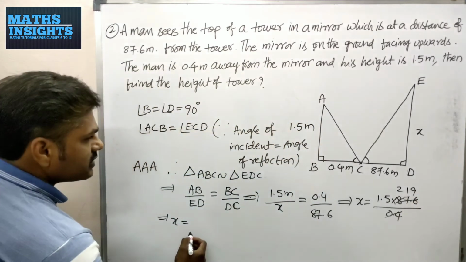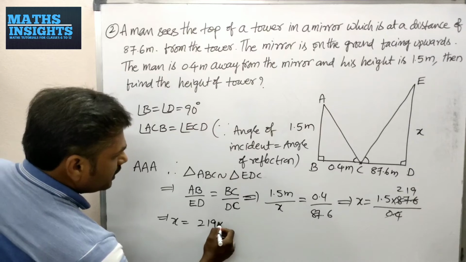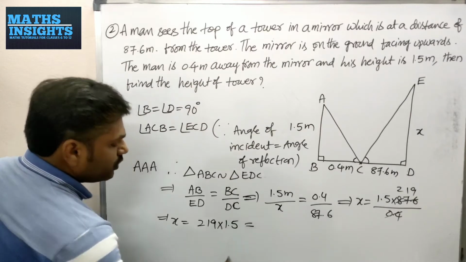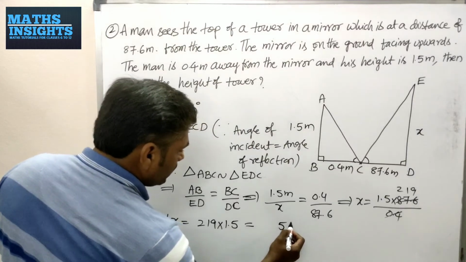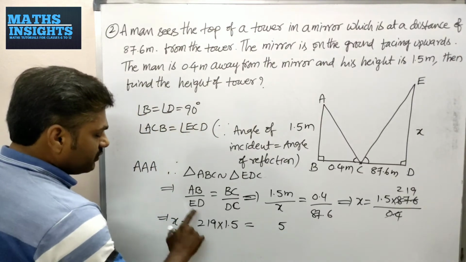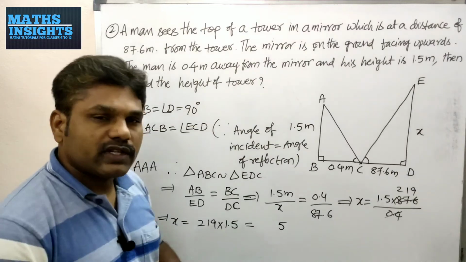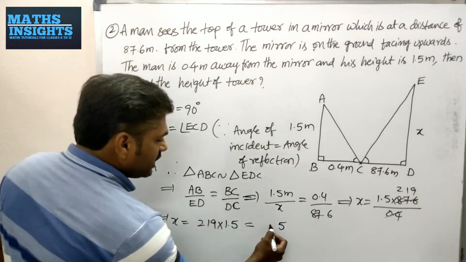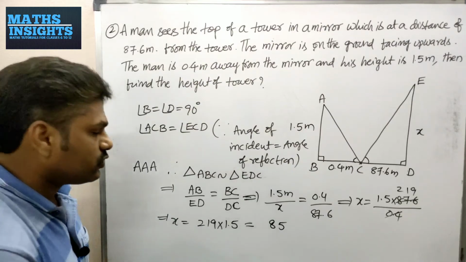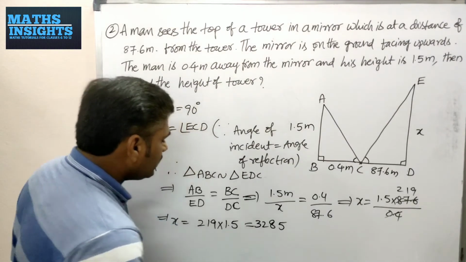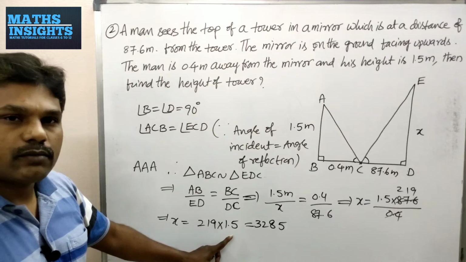Therefore, you have X equals 219 into 1.5. I will multiply this. 15 9s are 135, 13 will be there. 15 1s are 15. 15 plus 13 will become 28. 2 and 15 2s are 30. 30 plus 2, 32. After how many points do you have to place the decimal?